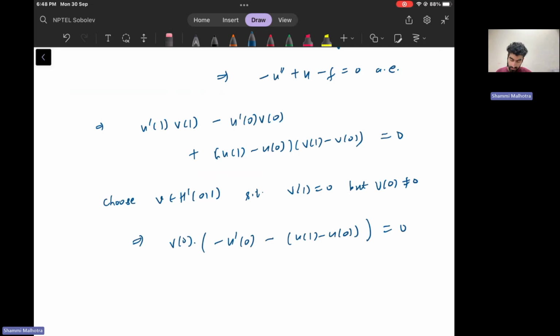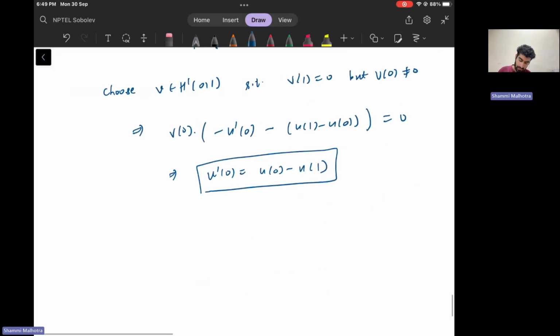Since v0 is non-zero, this will imply u dash 0 is nothing but u0 minus u1. We have this equality as well, and similarly, in fact, we have u dash 1 equal to nothing but u0 minus u1. So again the same idea, choosing another test function which vanishes on the other boundary point.